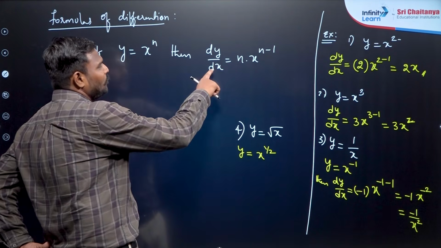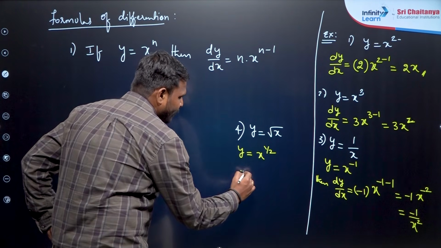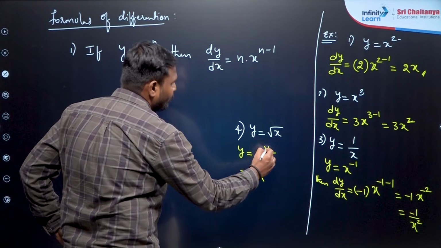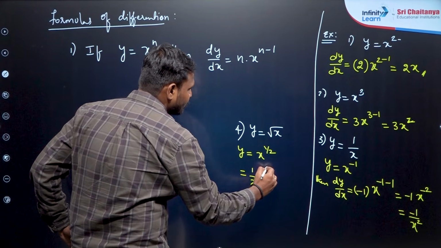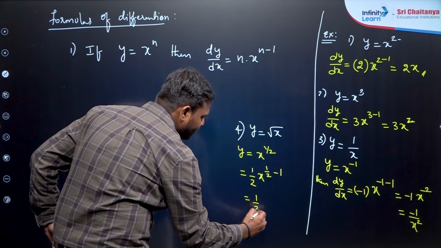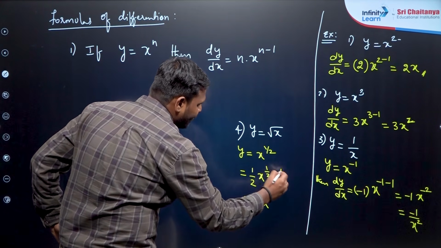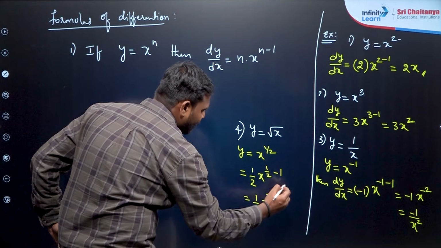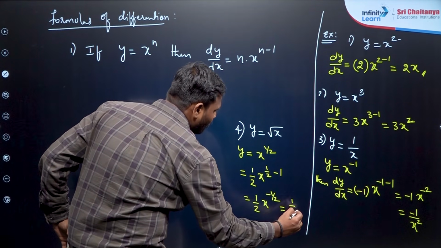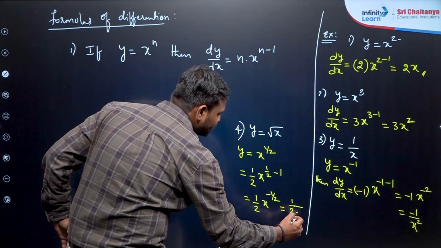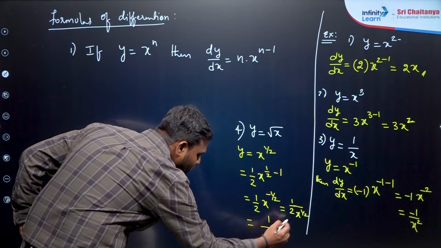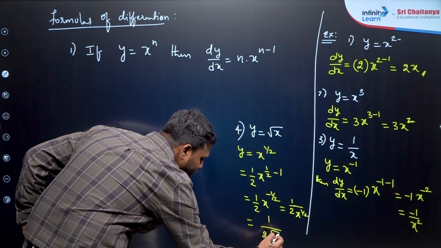Now how to do the derivative? Multiply the power, that is 1 by 2 into x power n minus 1, so 1 by 2 into x power half minus 1, which is minus half. And if the power is negative in the numerator, you can write it in the denominator as positive. And the power 1 by 2 is nothing but root.